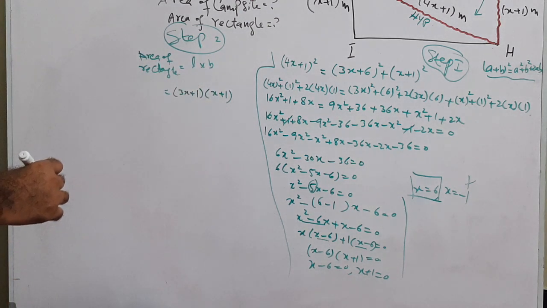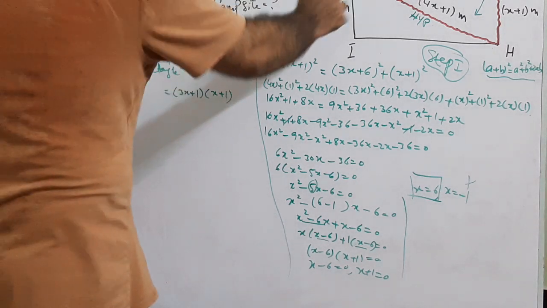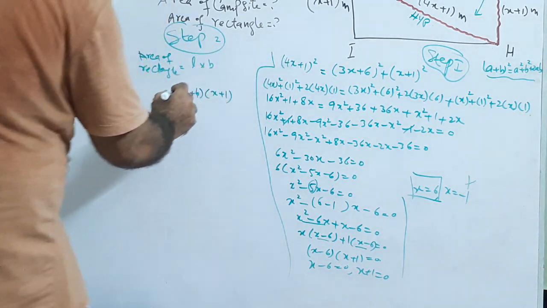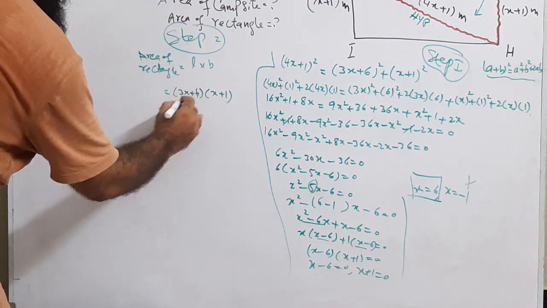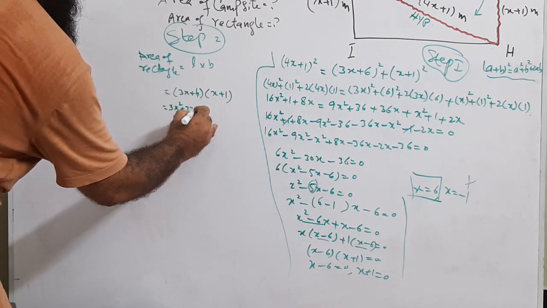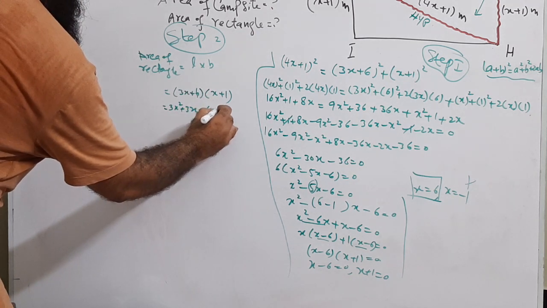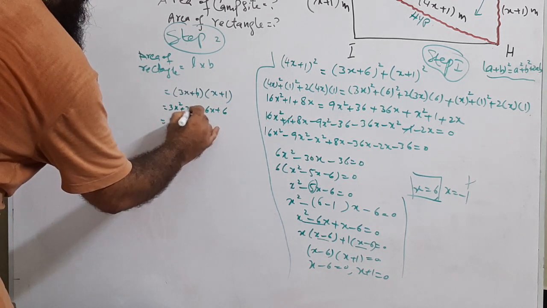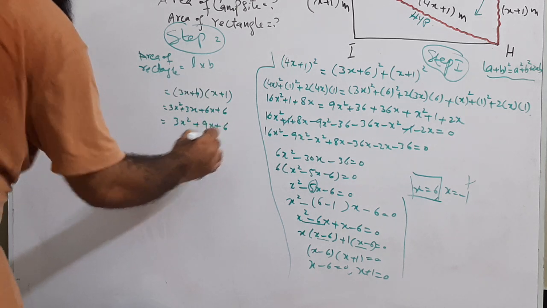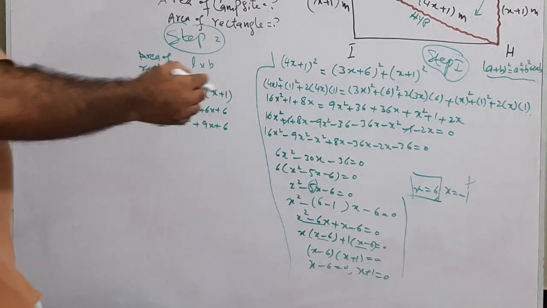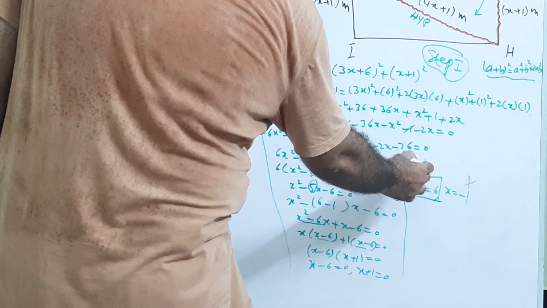We will multiply these two: 3x square plus 3x plus 6x plus 6. It becomes 3x square plus 9x plus 6. No need to further solve this quadratic equation because we already have the value of x with us.